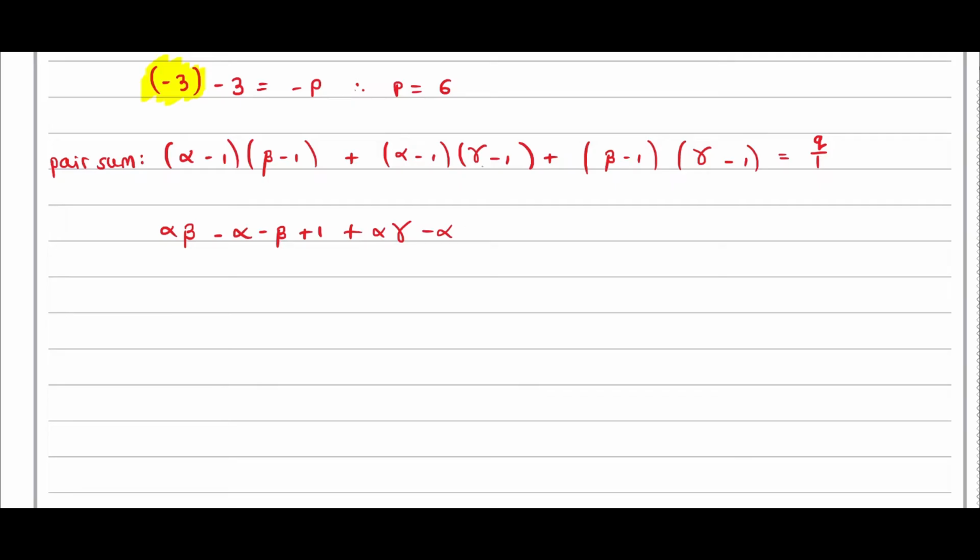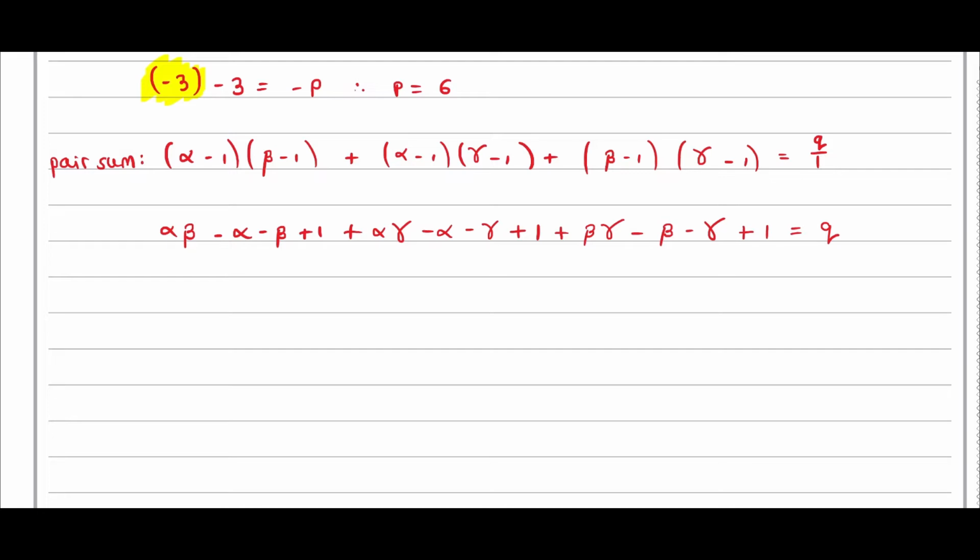Minus 1 times by gamma, that's minus gamma. Minus 1 times by minus 1, that's 1. Beta times by gamma, that's beta gamma. Beta times by minus 1, that's minus beta. Minus 1 times by gamma, that's minus gamma. Minus 1 times by minus 1, that's plus 1. And this is equal to q.